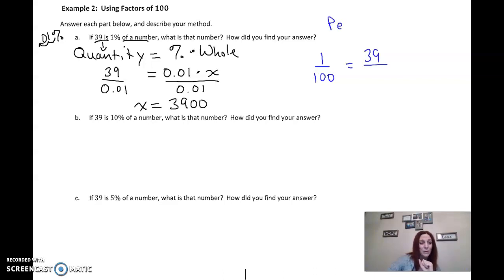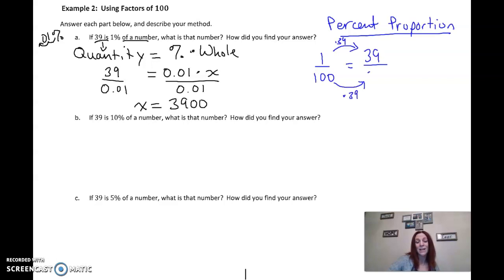This is called a percent proportion, and we've done proportions. Another way of doing this, remember, multiple methods, is I have to go 1 times 39 to get 39. So if I go 100 times 39, I get 3,900. Thinking in terms of two ratios having to be equal. Proportion. Percent proportion is always out of 100.